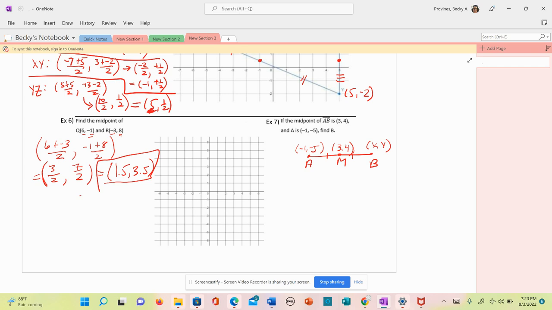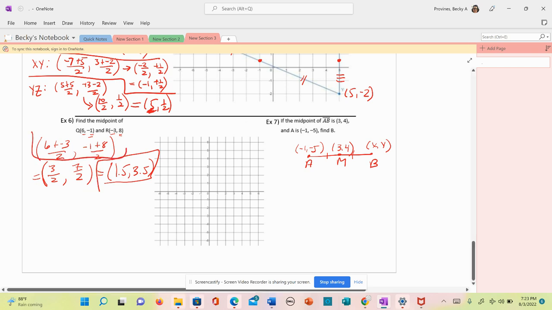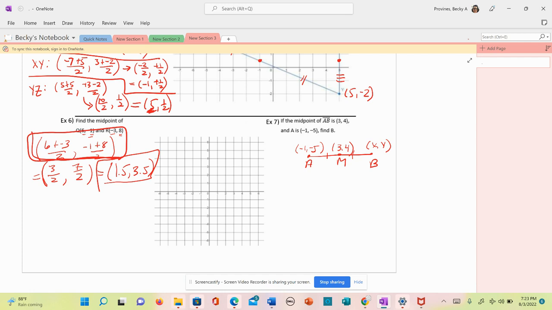Okay, so we're going to set it up so it looks very similar to this one right here. Look at the x values, -1, but then this over here is just an x. So I'm going to go -1 plus x over 2. Then I'm going to take my y value, -5, and when I add the y value to it, it's over 2.